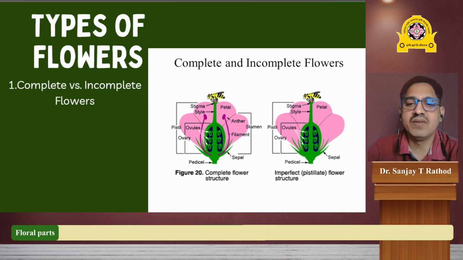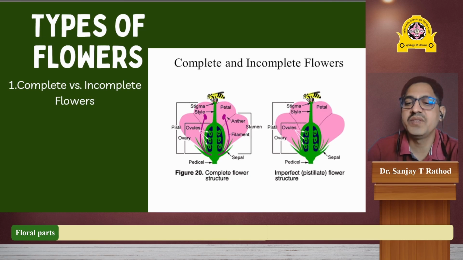In an incomplete flower, one of the components will be absent. So here you can see the sepals are there, petals are there, and gynoecium is only there. This flower doesn't have the androecium. That's why it is known as an incomplete flower.